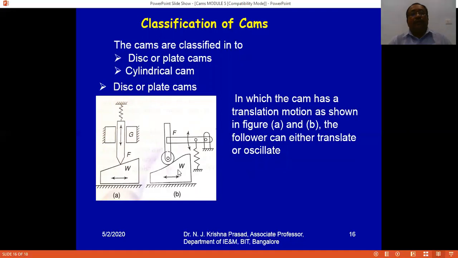Whereas here the wedge we have taken as a cam, the follower oscillates. This figure shows the knife edge and roller follower, in which the cam has a translation motion as shown in figures A and B. The follower can either translate or oscillate.